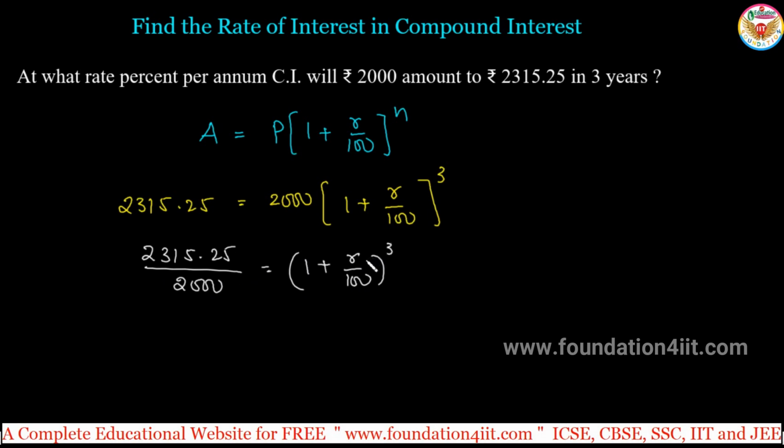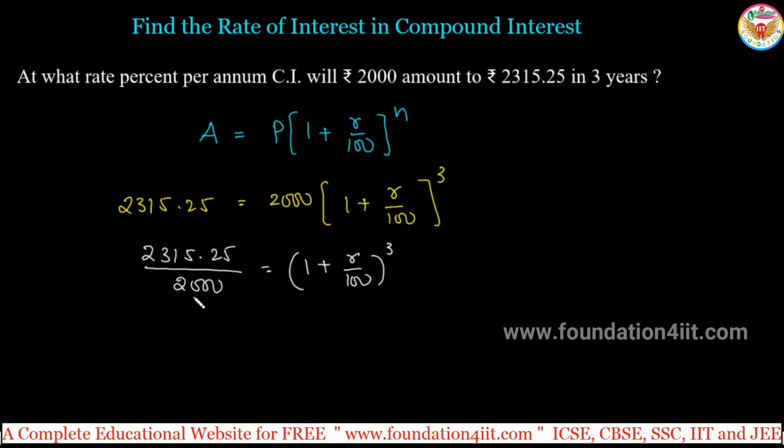To solve these problems simply, this LHS also we have to make as to the power 3. Some number to the power 3 you have to make. So that is important. Now this is 2315.25 divided by 2000. So we can simplify first. If we remove this decimal point, that means multiply by 100 and divide by 100.